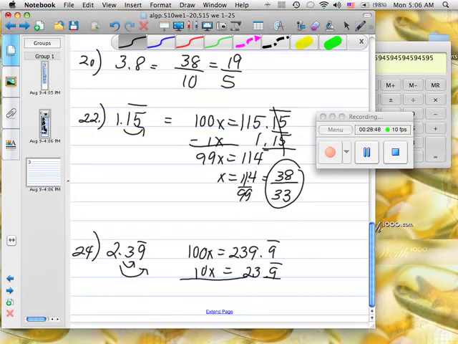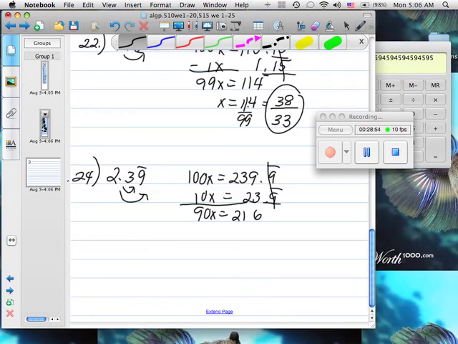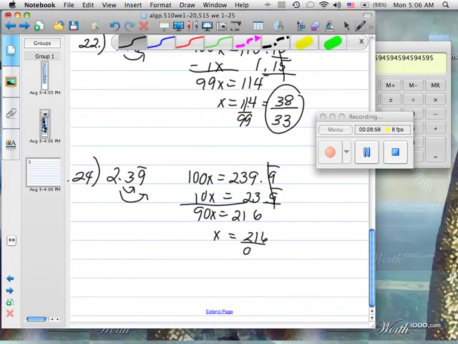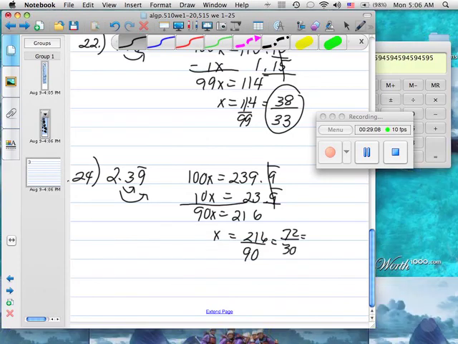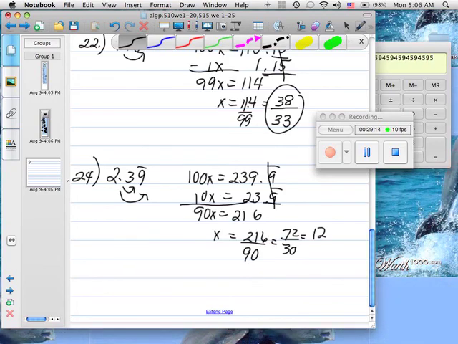So subtracting, we get 90x equals, the repeating part drops out, 216. So x is going to be 216 over 90. Which simplifies down to 3 goes in there 72, 3 goes in there 30. We could divide by 3 again. Actually 6. 6 goes into 72, 12, and into 30, 5.